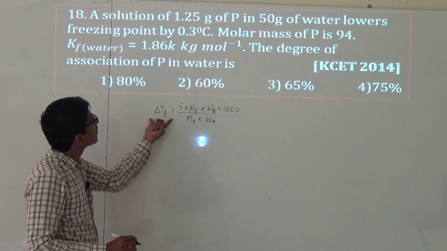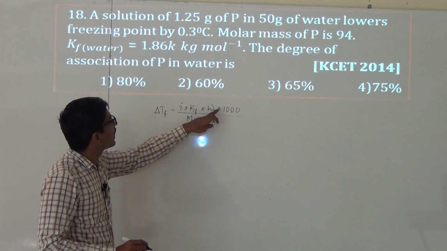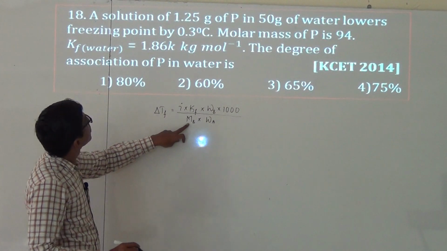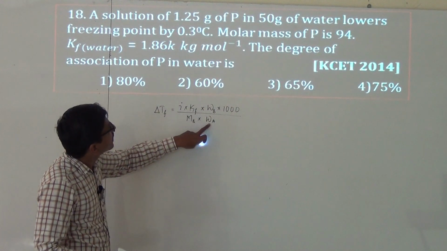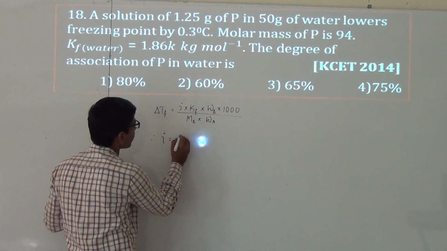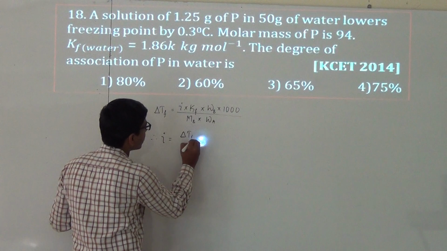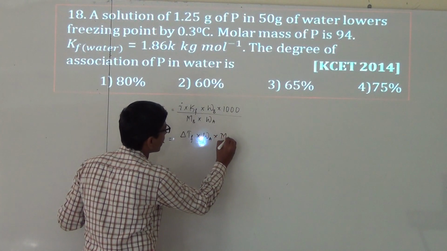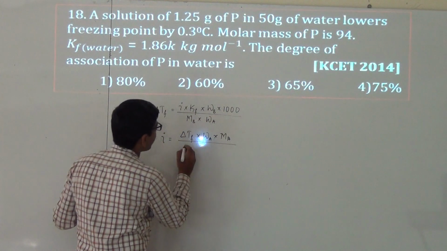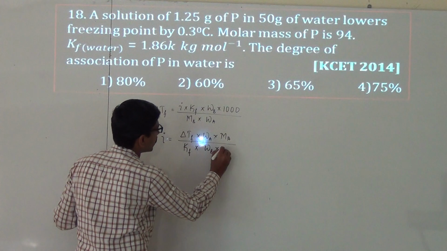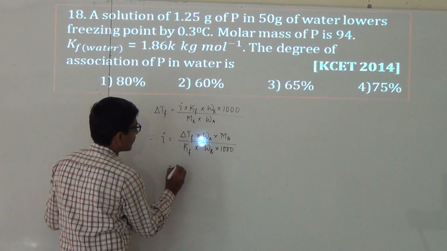They gave the depression in freezing point, KF value, WB is 1.25, MB is 94 and WA is 50 gram. Therefore, I is equal to delta TF into WA into MB divided by KF into WB into 1000.